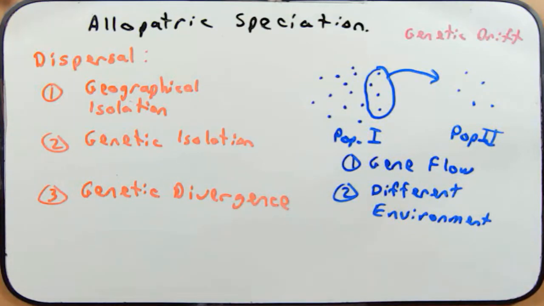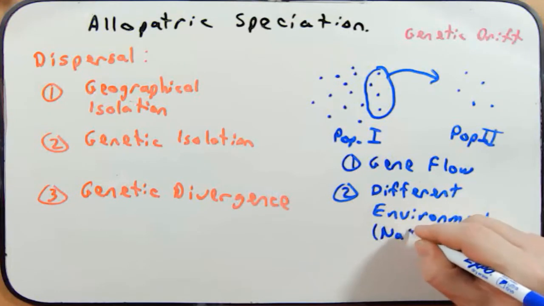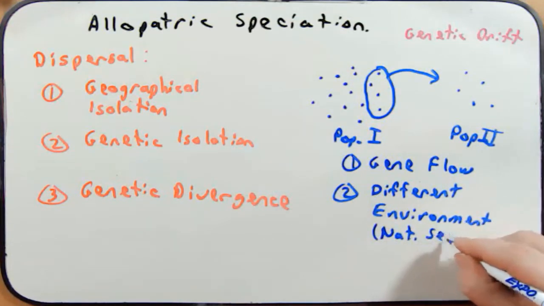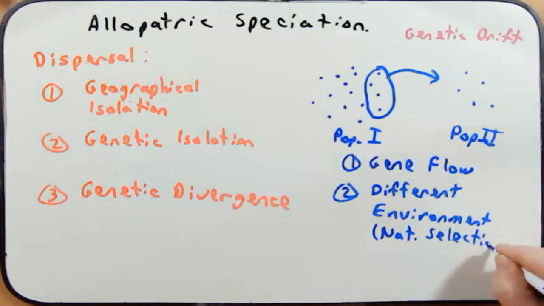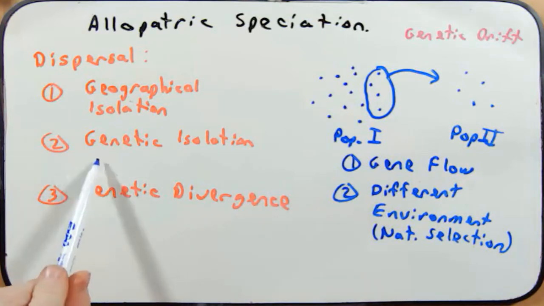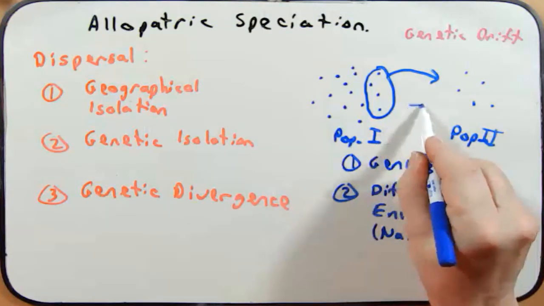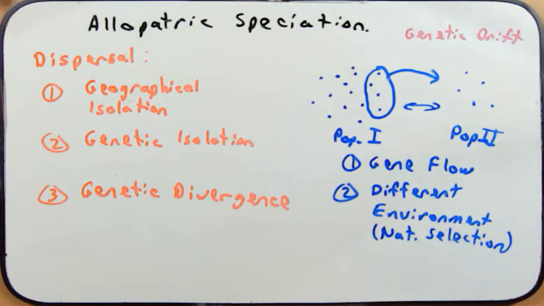Lots of different things can happen the further apart they are. And again, I said that's because it increases the chances of natural selection. So this is important, the distance between these two geographical locations. And that brings us to this next idea of genetic isolation. The further they're apart, the less likely they are going to be able to have gene flow between those two.